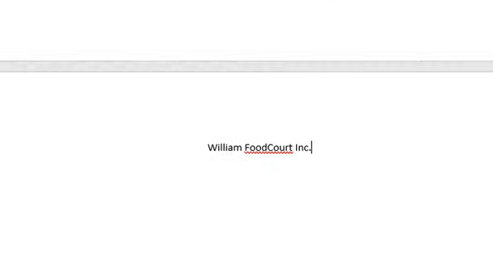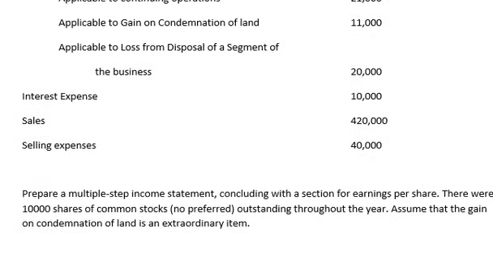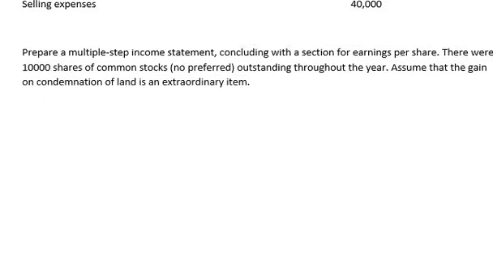First, the first step is to write the name of the company in the center. So I will write it like this. The next one is the title, multiple-step income statement.